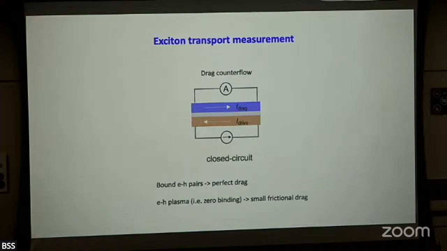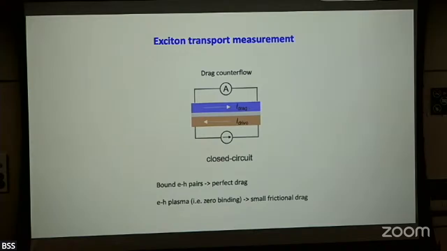How do we do this? So the first configuration will be this drag counterflow measurement. In one of the layers, we put a bias and drive current. In the other layer, we just hook up to an ammeter and measure the current going through.